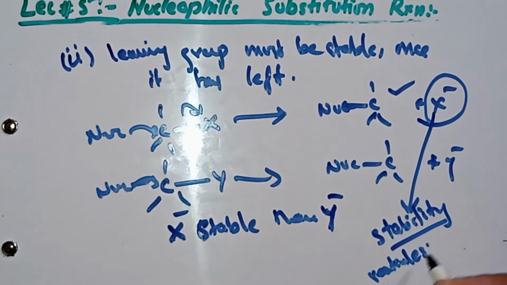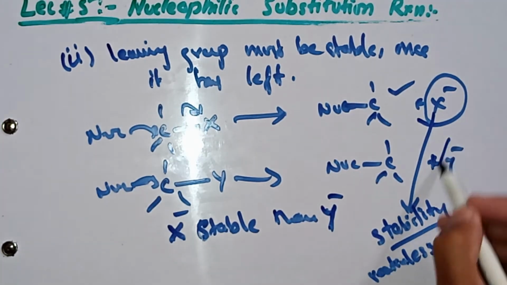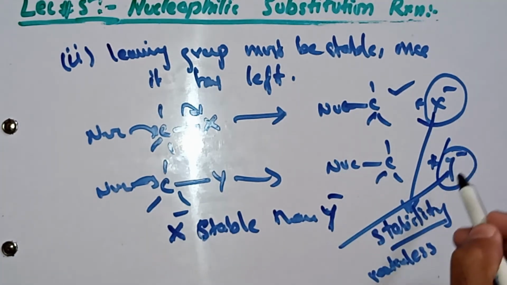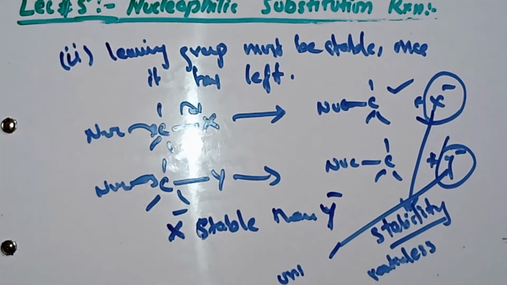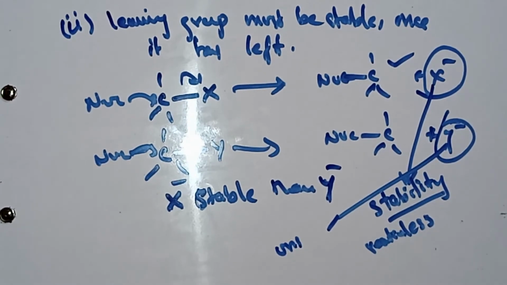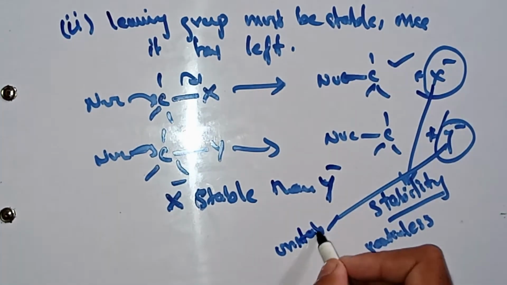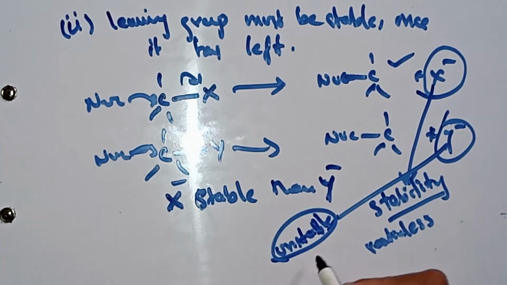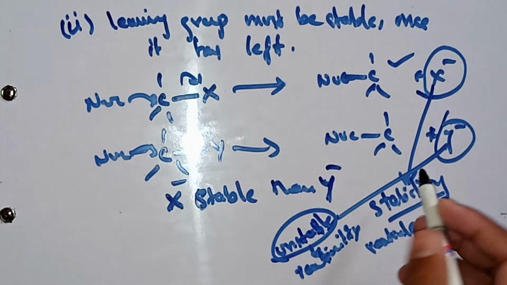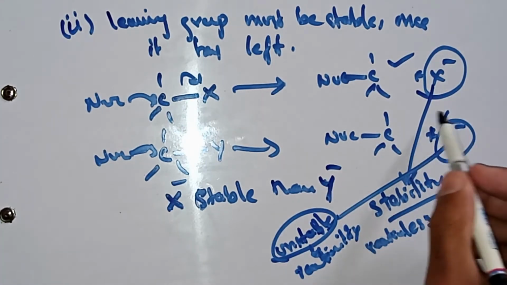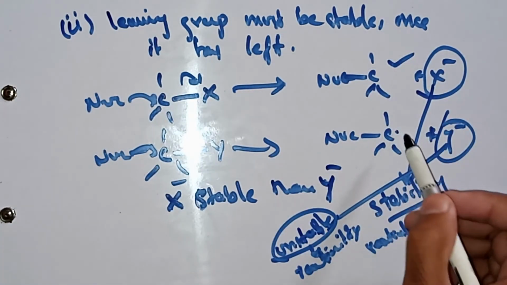But when there is Y negative, let's suppose this is unstable compared to the X ion. If it is unstable, instability means that it shows reactivity.